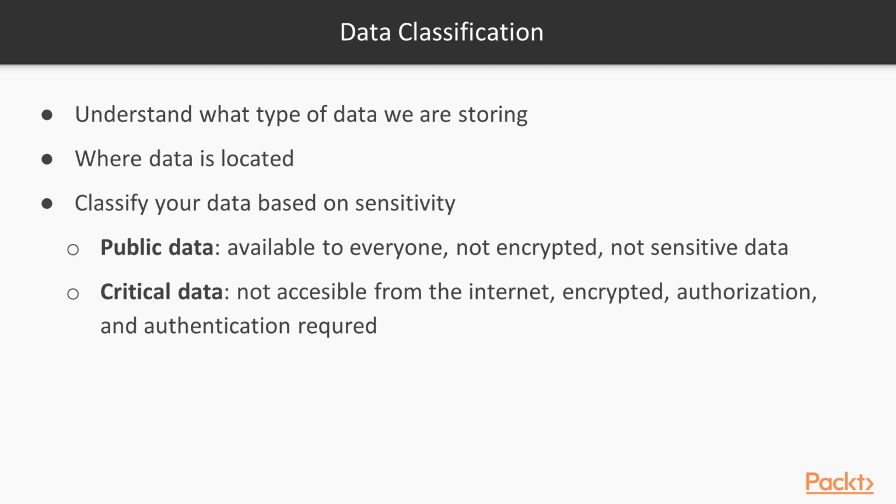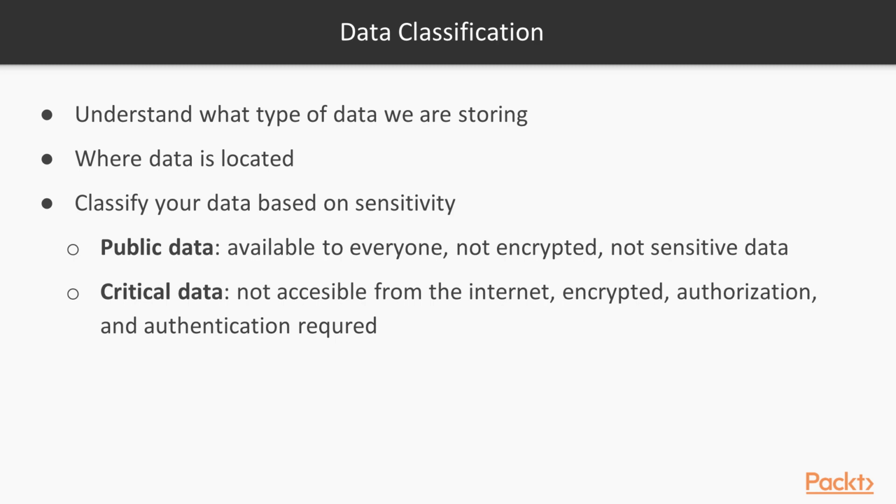The data that we don't want others to access from the internet, that has to be encrypted and requires authorization and authentication. Probably you have more levels or different classifications of data depending on the sensitivity, but it's important always to think about these two levels, public and critical data, or public and private data, to treat the information in different ways, of course.